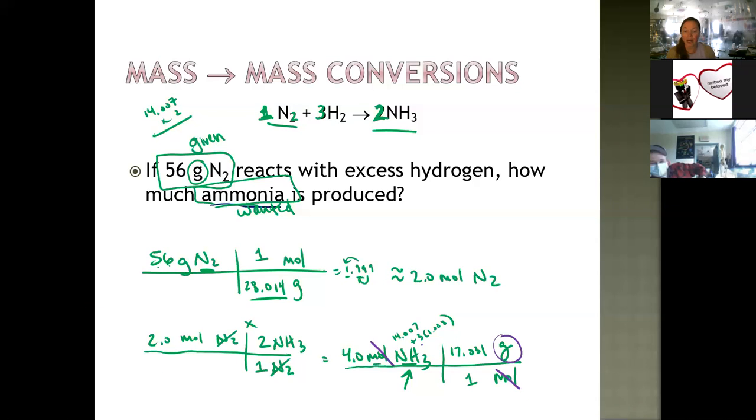I have grams of ammonia left. 4.0 times 17.031 gives us 68.124. I'm going to keep 2 sig figs. That 1 leaves that 8 and 8. Final answer, 68 grams of NH3. Good? Good. All right.